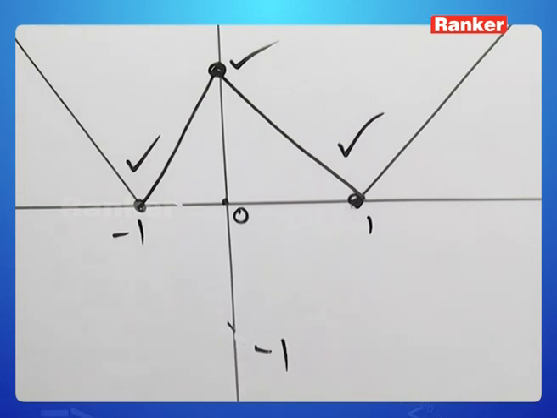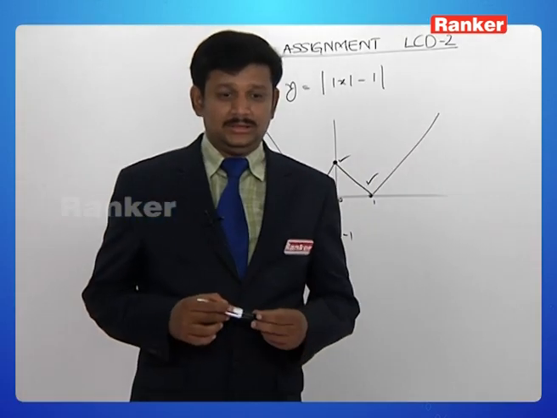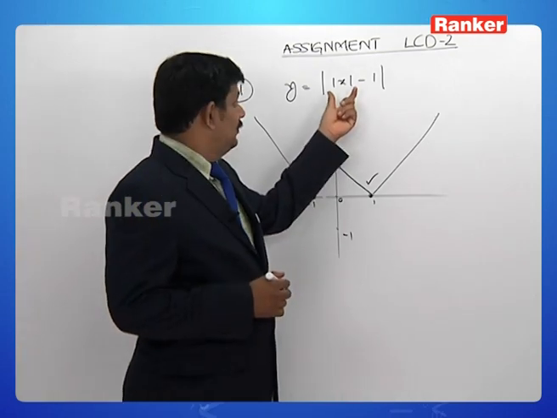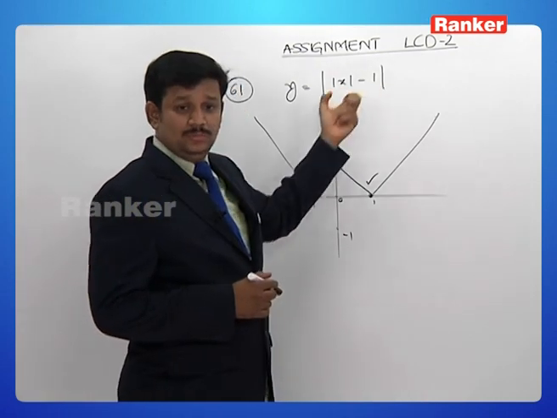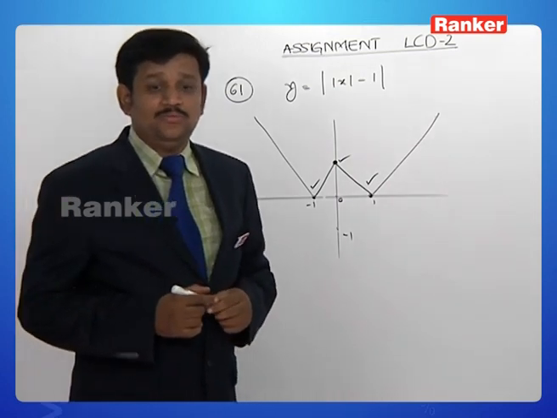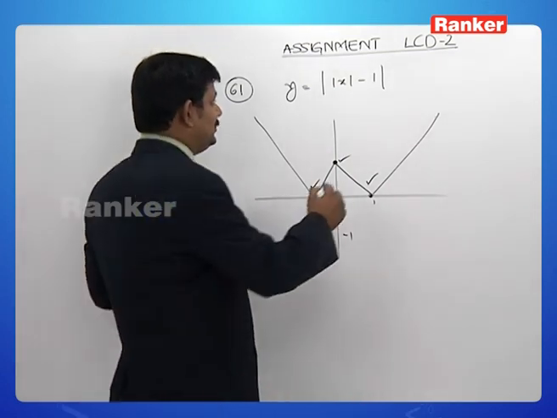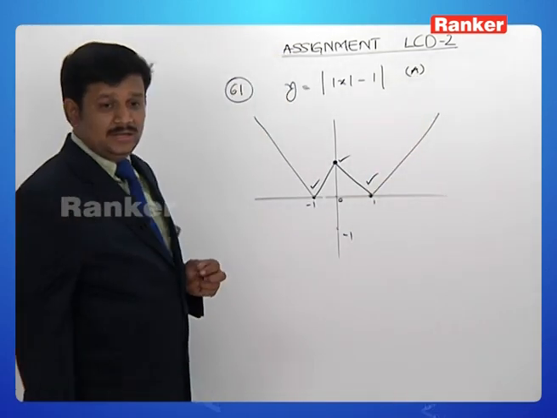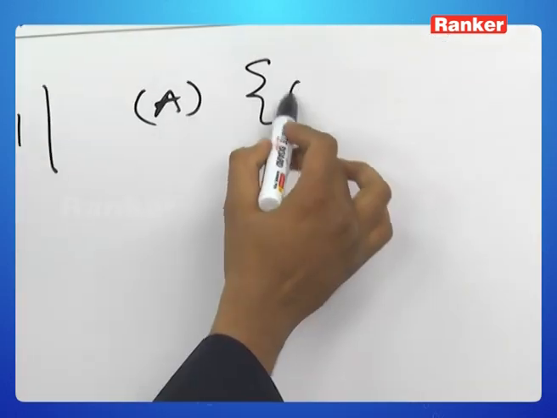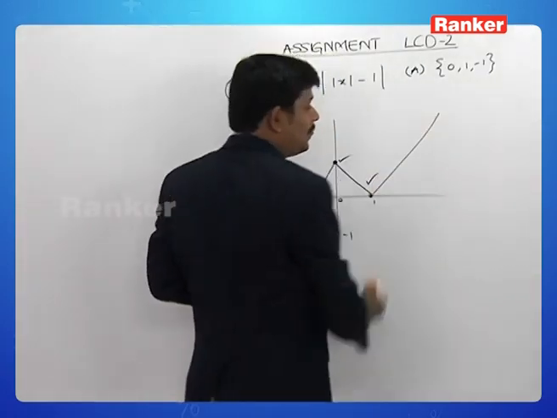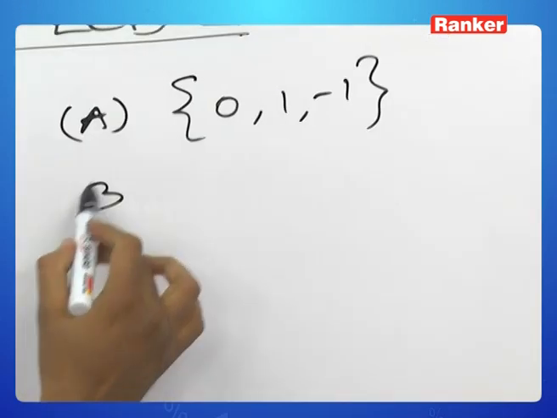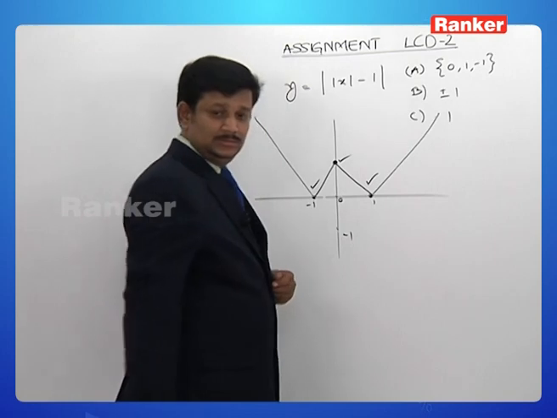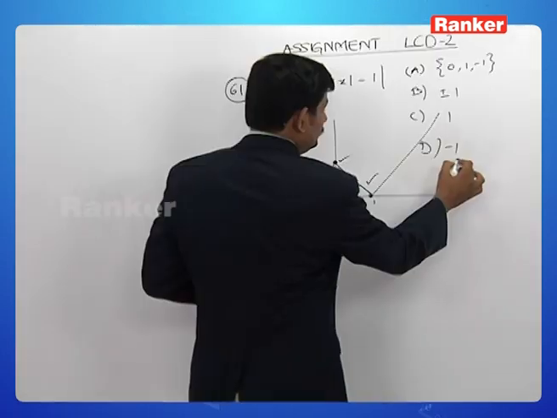Now look at the question very carefully. The function y is equal to mod of mod x minus 1 is differentiable for all real numbers except, options: 0, 1, minus 1; plus or minus 1; 1; and minus 1.